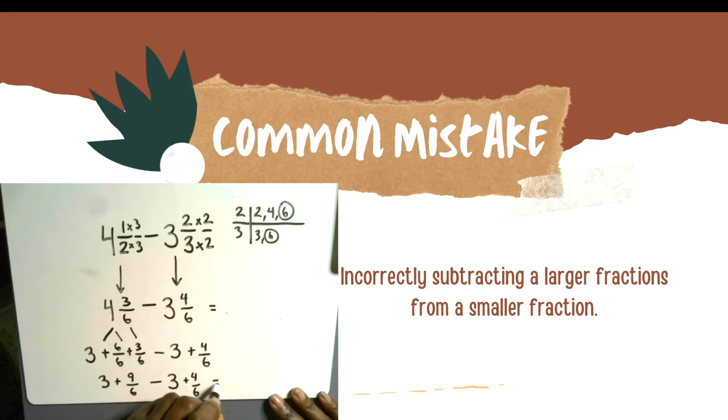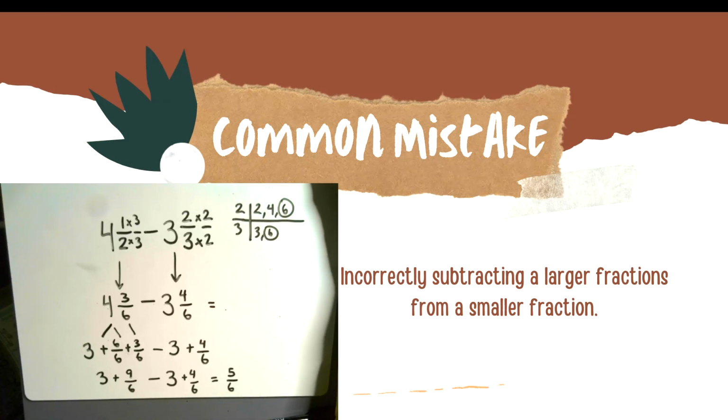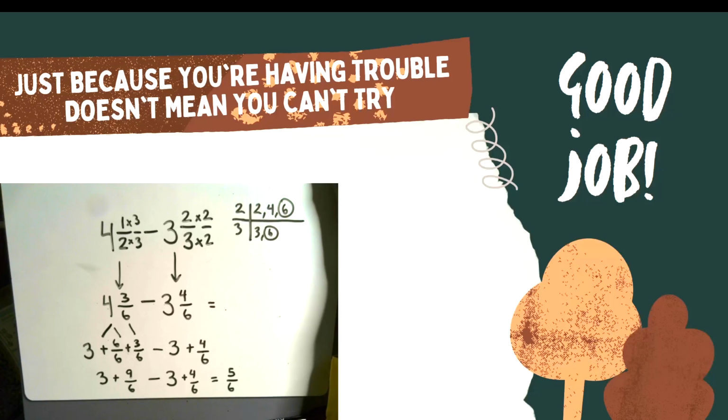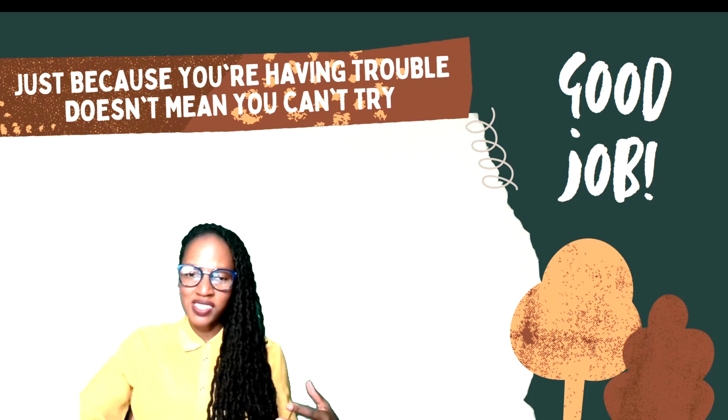And now if they're subtracting horizontally, it can work out, right? 3 minus 3, if they want to subtract the wholes first, they know that's 0. 9 minus 4 gives you 5 over 6, and they would arrive at the correct answer. So I just wanted to have that example there to show parents some common mistakes that I see.